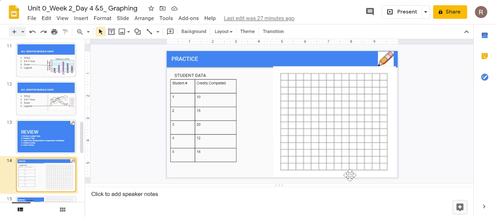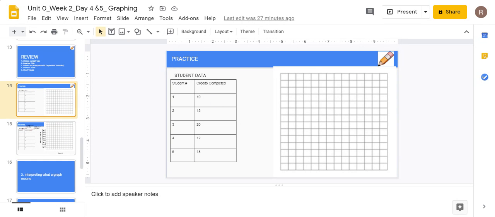But you would normally start with a graph that's blank, and your job then is to follow the steps to creating a meaningful representation of this chart. Okay, so you're basically taking this chart and you're putting it into a picture form. The first thing you need to do is come up with a title.